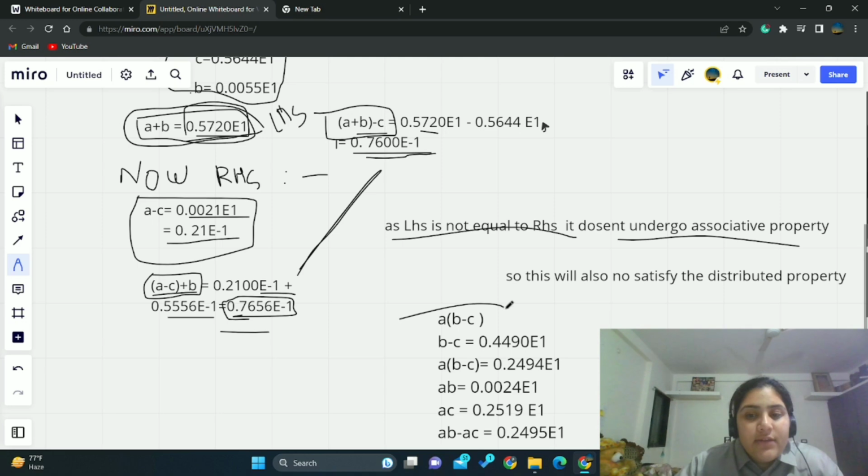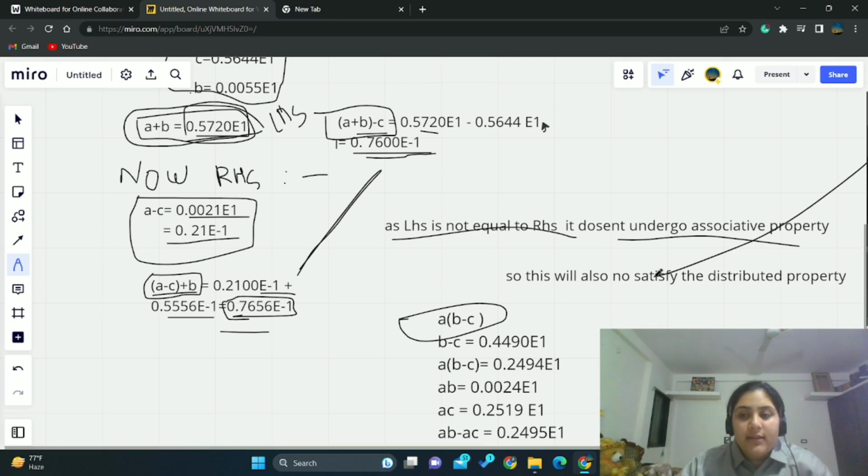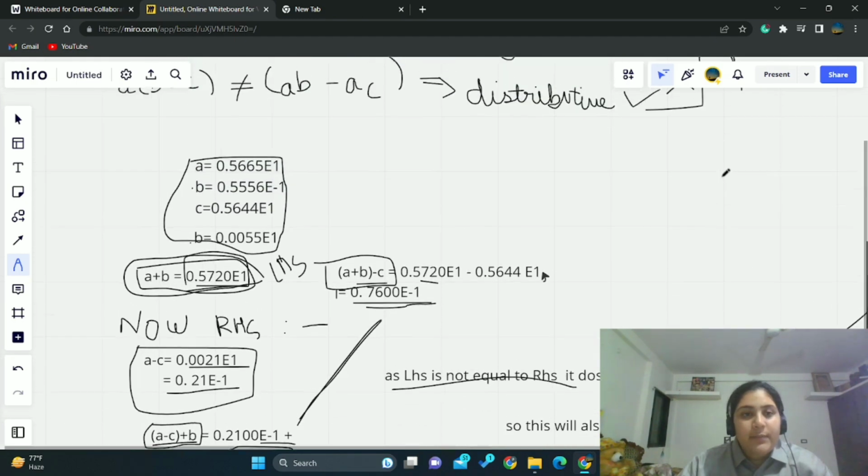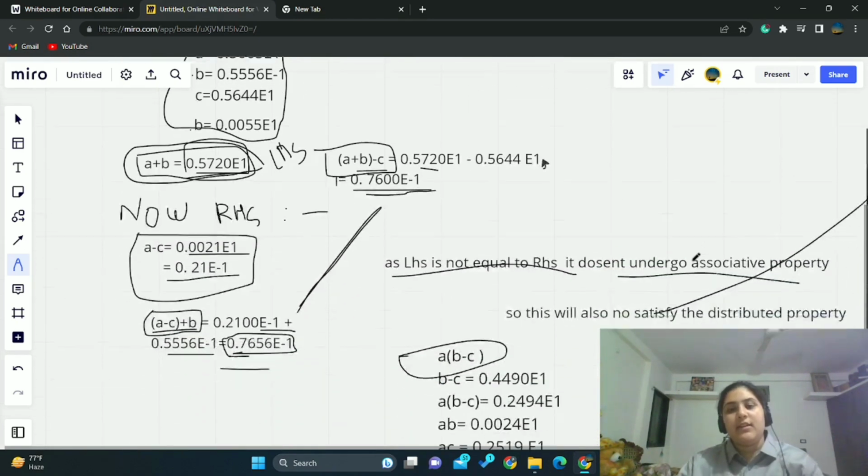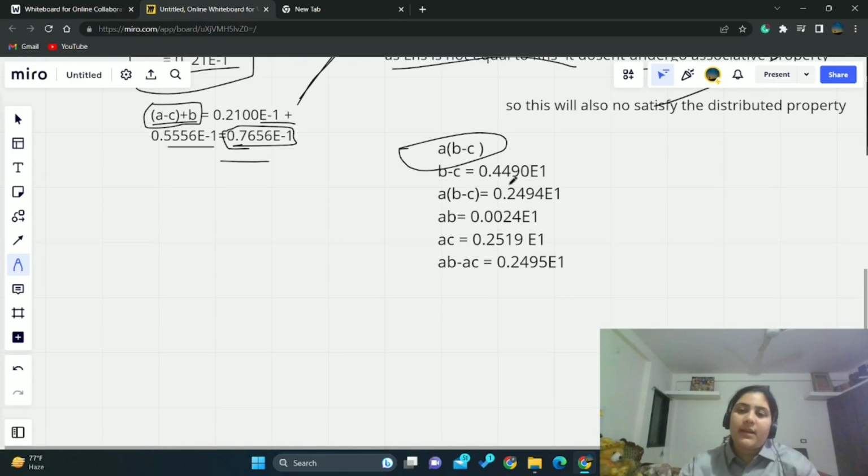Similarly, this will not obey the distributive property. What was the distributive property? The distributive property is A times B minus C equals AB minus AC. This is our distributive property. For checking the distributive property, B minus C is this, and A times B minus C goes to this.